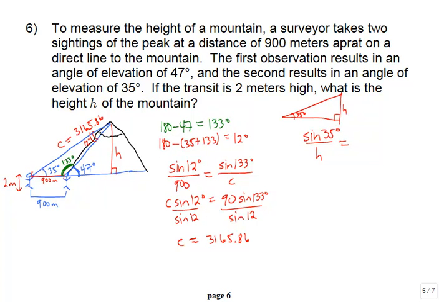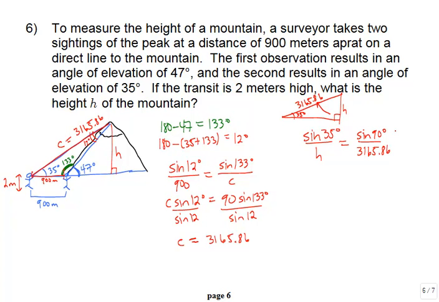So what do we know here? Well, we just found that this whole length here, which is this sort of hypotenuse, is 3,165.86. What angle is that side opposite in this bigger triangle? Well, it's opposite a 90-degree angle. So this would be sine of 90 degrees over that hypotenuse.